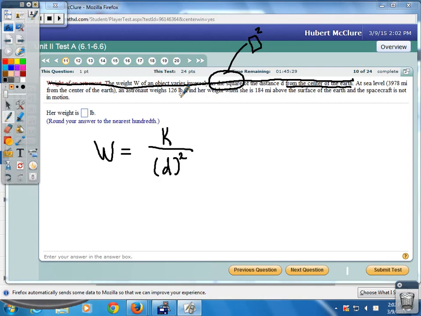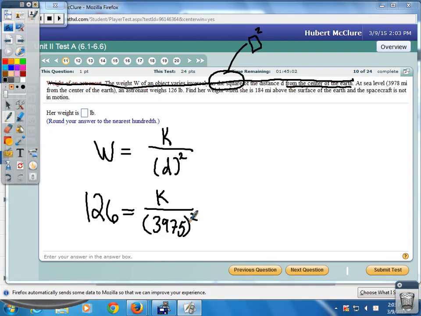So W is 126, equal to K over length squared. And what do they give us? 3,978. Get your calculators out, because K is equal to this times what?